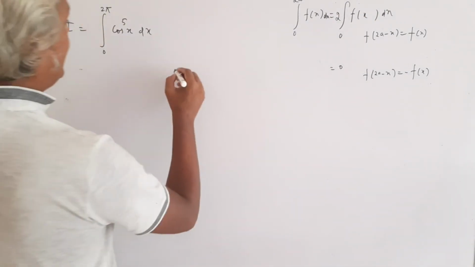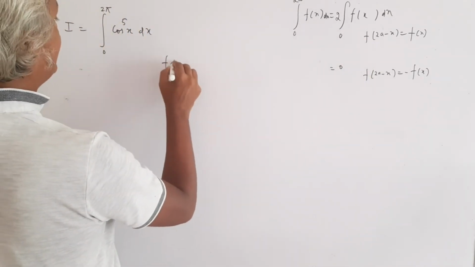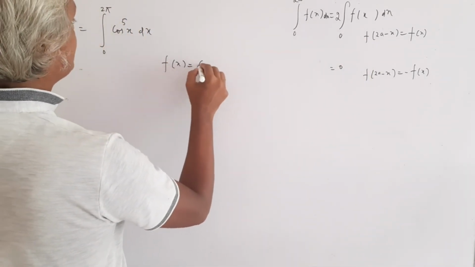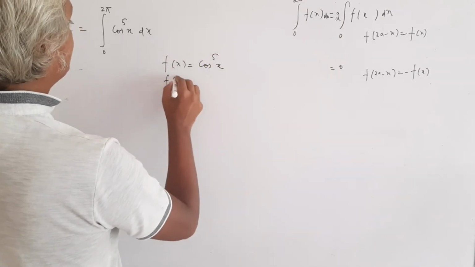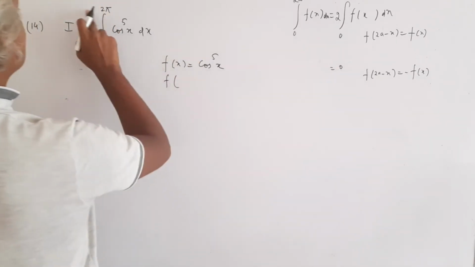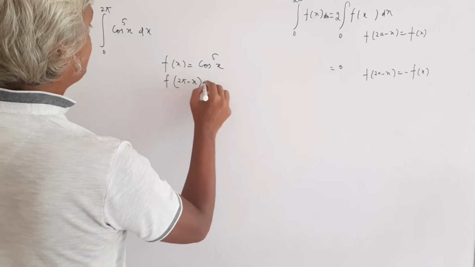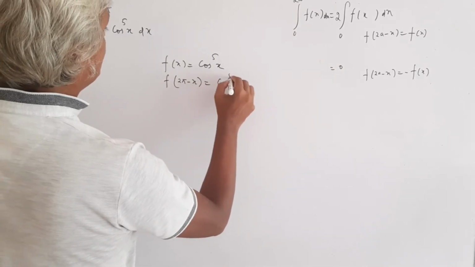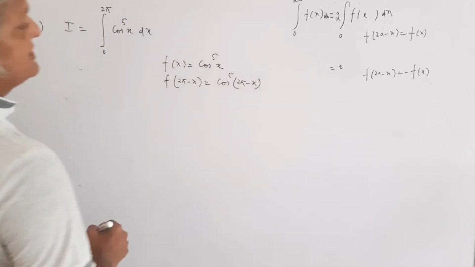So now I check which one fits the bill. f(x) is cos to the power 5x. Then f of 2a minus x, here 2a means 2 pi, so 2 pi minus x, is cos to the power 5 of (2 pi minus x).